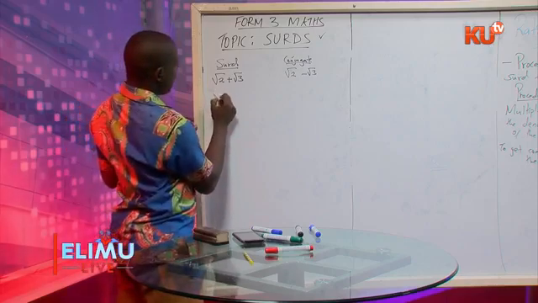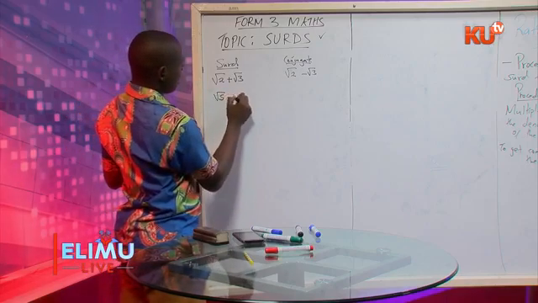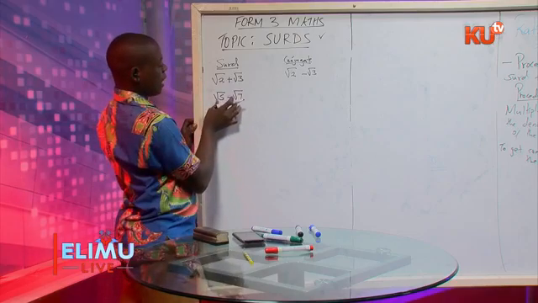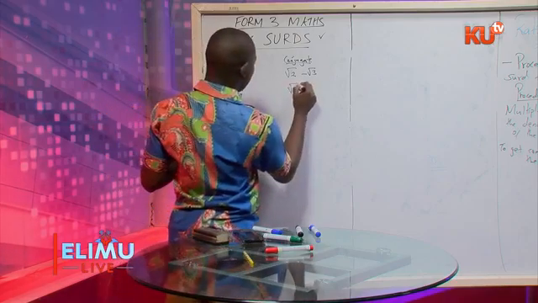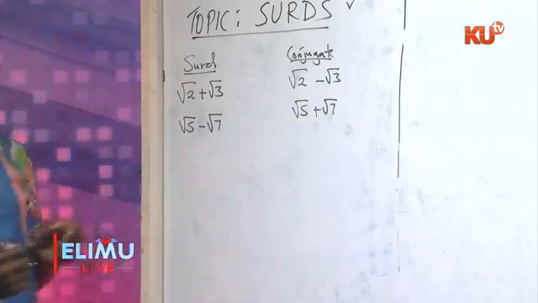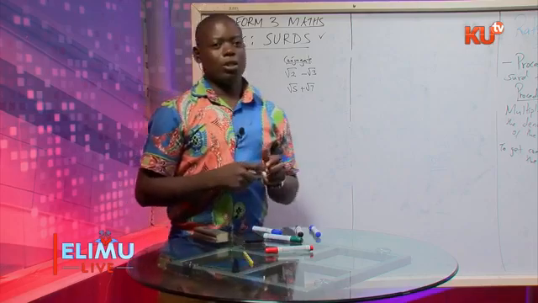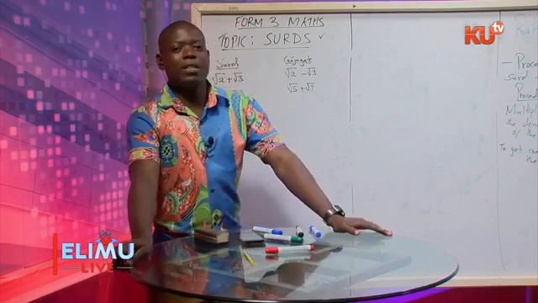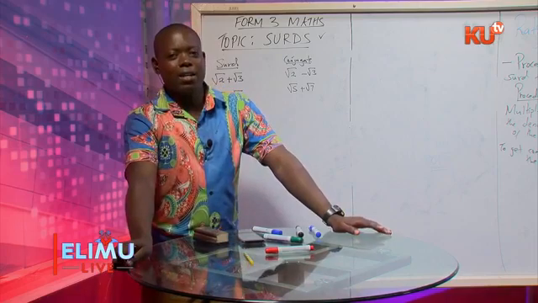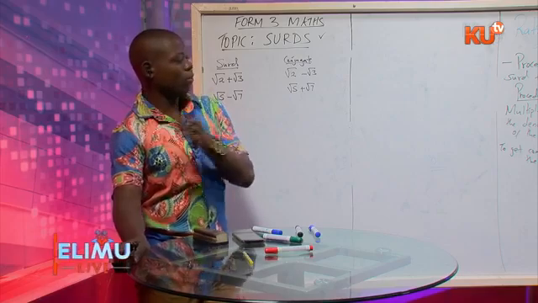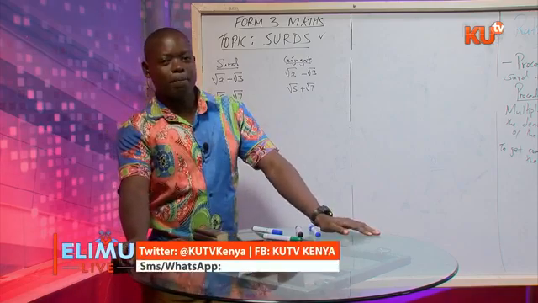If I have another surd, let's say root 5 less root 7, to find the conjugate of this surd, we will have root 5 plus root 7. You simply change the sign. So when you are looking at the conjugate of surds, simply change the sign between the two surds. Then you will have obtained what we call the conjugate.